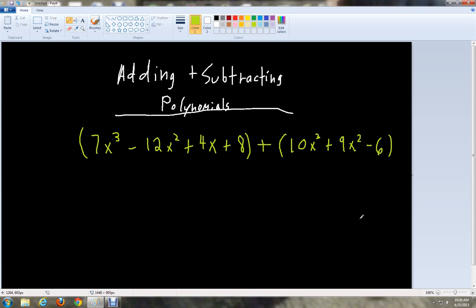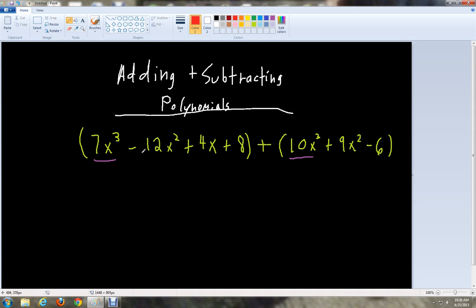Okay, so in order to add polynomials together, you have to look at what the like terms are and then combine those. A like term is where you have the same variable and the same exponent. So 7x cubed and 10x cubed, sorry, that's a 3, those are like terms.